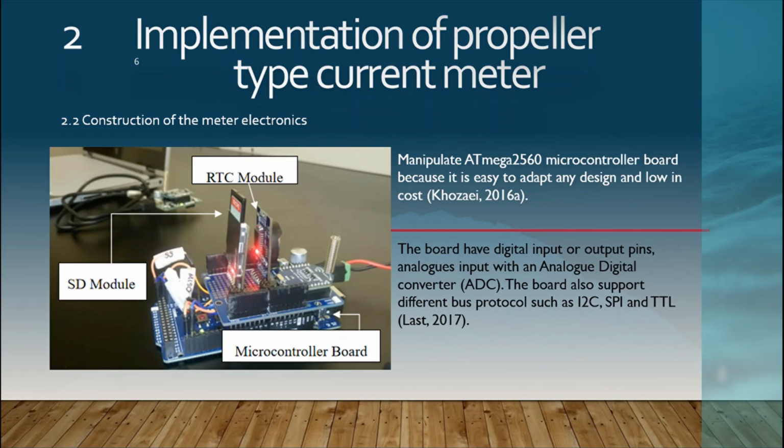The board also supports different bus protocols such as I2C, SPI, and TTL. This makes the microcontroller board capable of managing the RTC module, the SD modules, and the transducer module correspondingly by using these bus protocols.